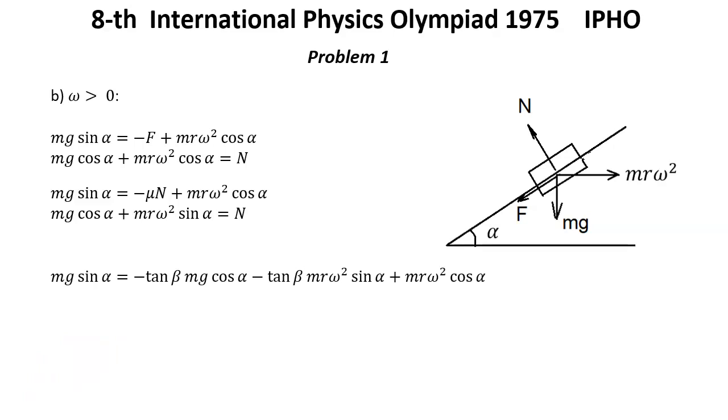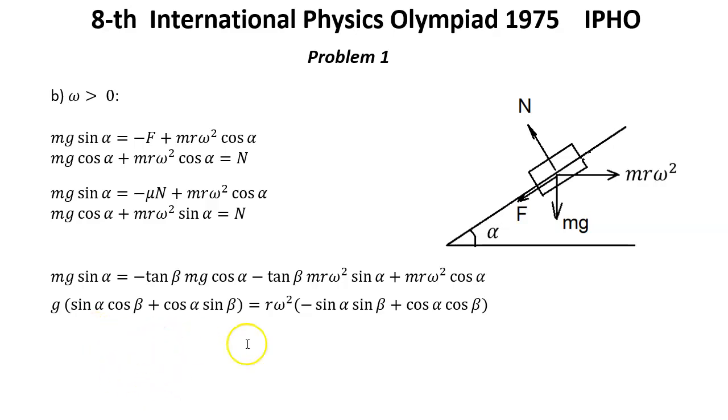Now again we can multiply both parts by cosine beta, and we will get this one. And in this case we have for both parts expressions for function alpha plus beta. So we have this one and finally this one.